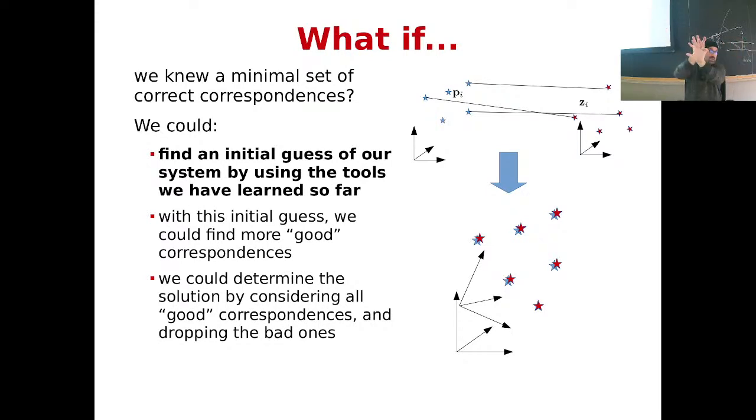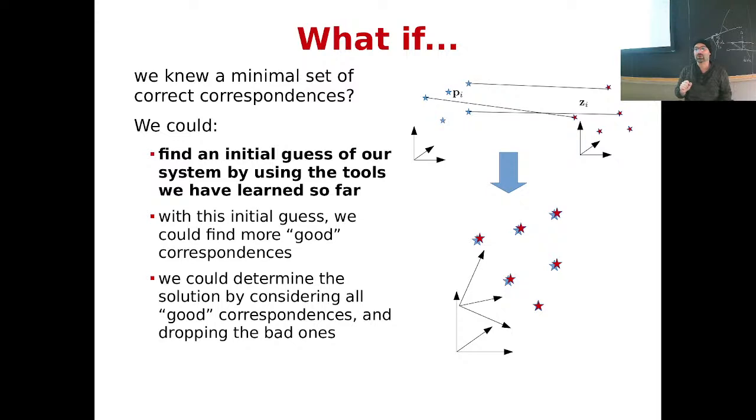We could register the points, and after we have calculated the solution, we could proceed with our data association or with some heuristic to complete the rest. Or, in case we have very noisy correspondences, we could consider, after this solution, how many of the correspondences that we have are good with respect to the initial solution that we have found.